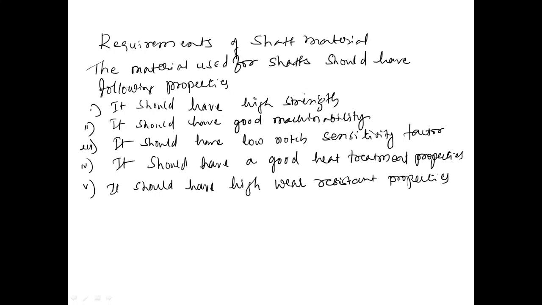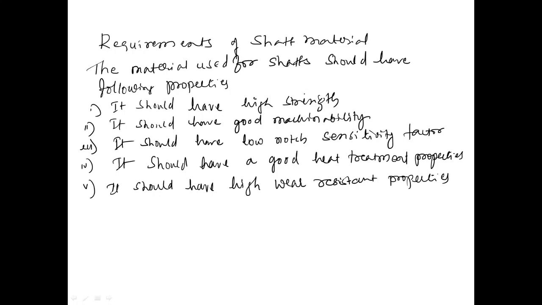An enormous amount of heat is produced, which is transmitted to the crankshaft through the connecting rod as well as the piston. Next, it should have high wear resistance. As I said, it's going to be mounted between bearings as well as journals. If it is mounted in a bearing, there is no problem of wear and tear.